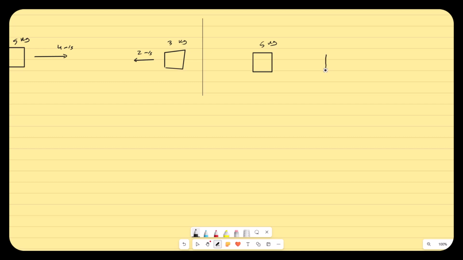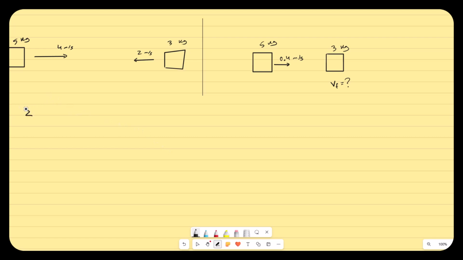So we've got this block. Maybe we are looking for the final speed of this guy, but now we need to be given some information about the first block. So we will say that after the collision, this guy has almost come to a stop and is moving at, we'll go 0.4 meters per second. So it's lost 90% of its velocity.